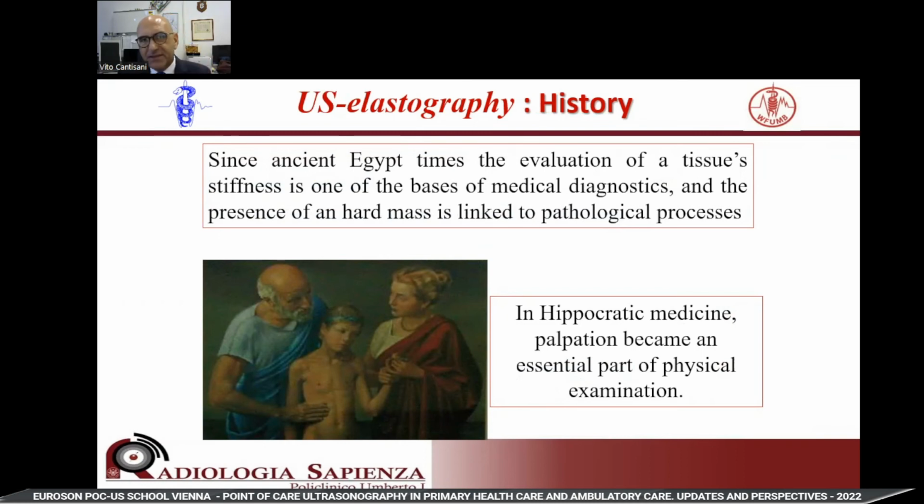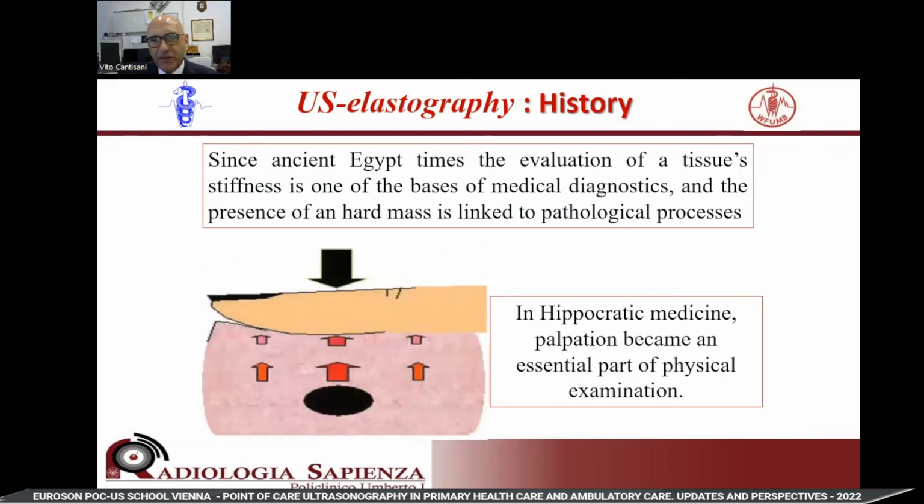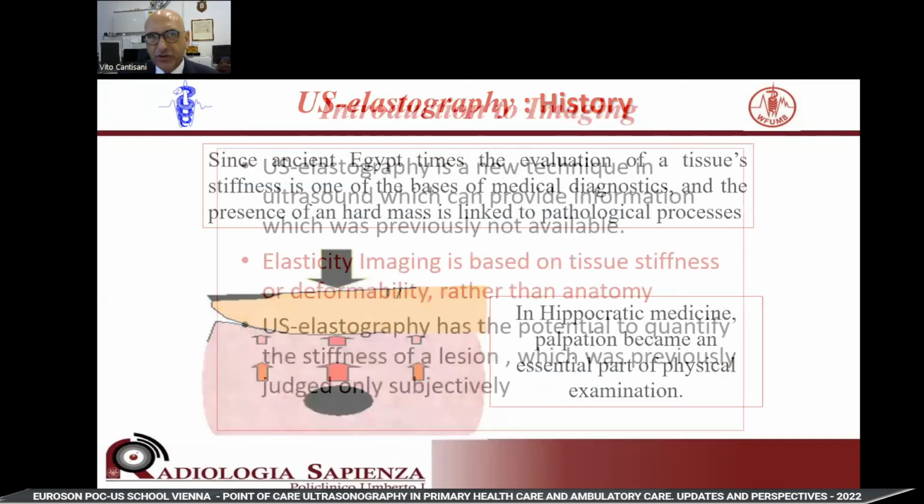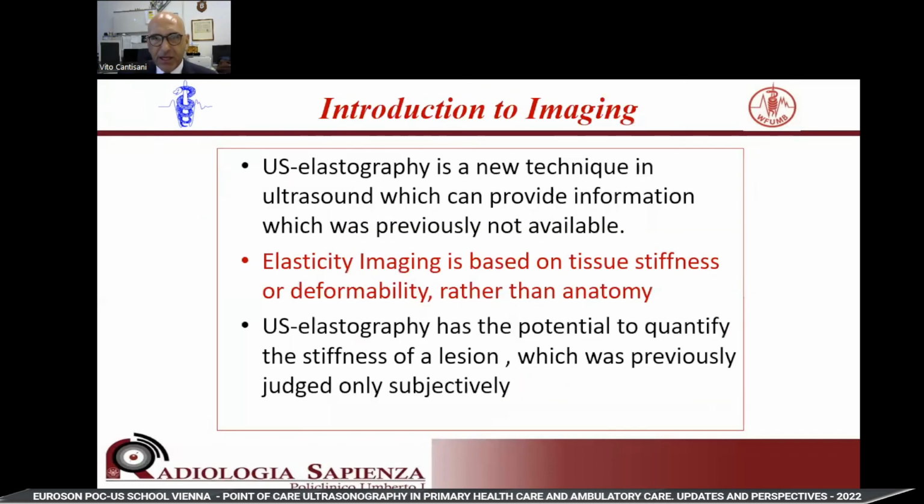Let's start from history. Since ancient Egypt times, the evaluation of tissue stiffness has been one of the bases of medical diagnostics. And the presence of a hard mass was really considered suspicious. And it is due to Hippocrates that palpation became an essential part of physical examination. But we are aware that digital examination is unfortunately not really accurate.